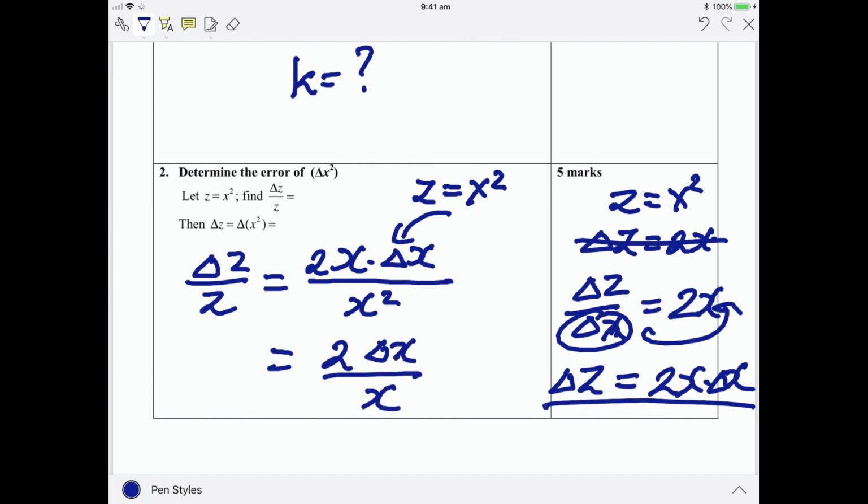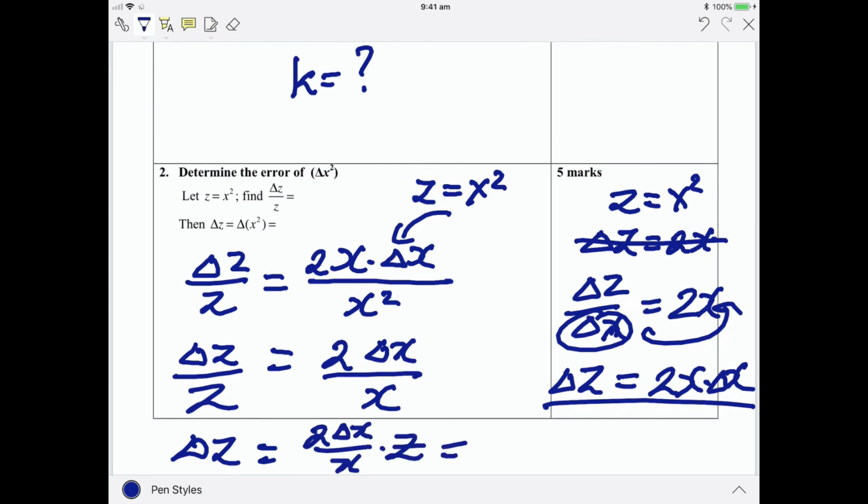This is delta z over z, and it's not finished yet. So delta z is equal to 2 delta x over x multiplied by z, and what is z? x squared. So this is 2x delta x.